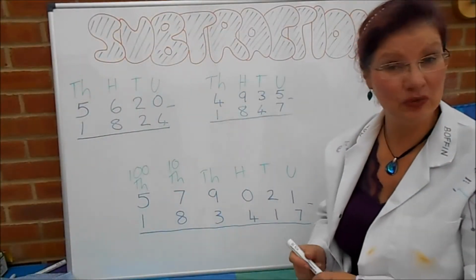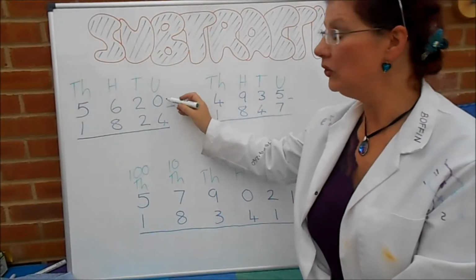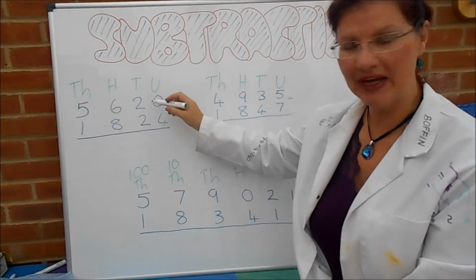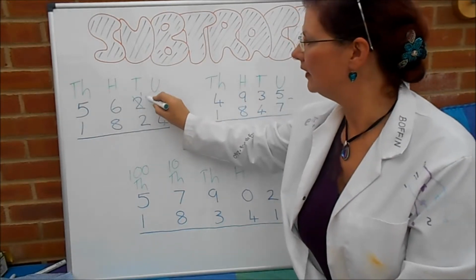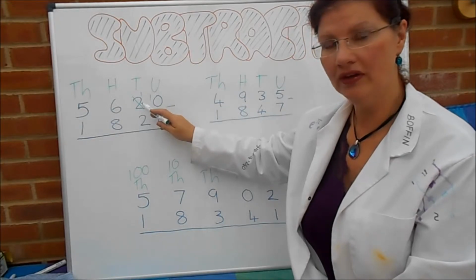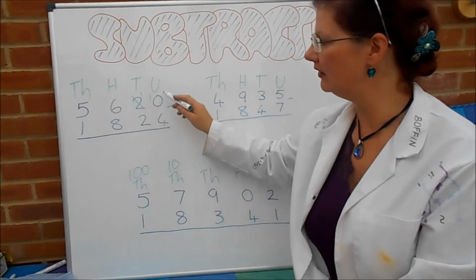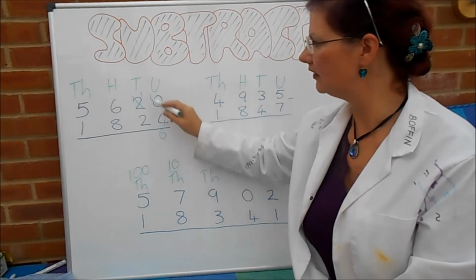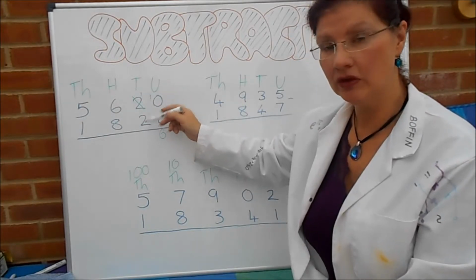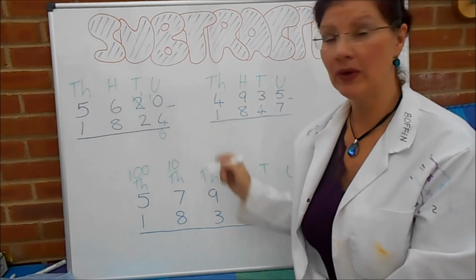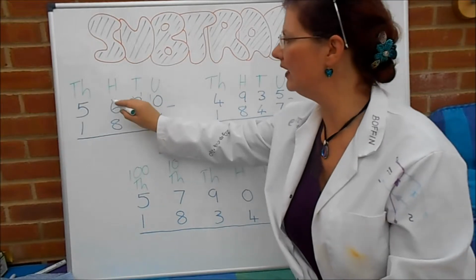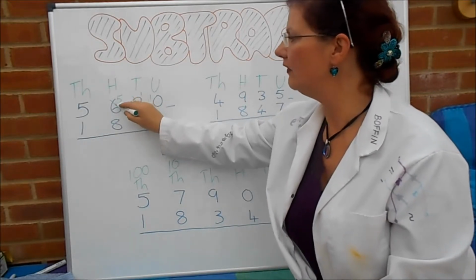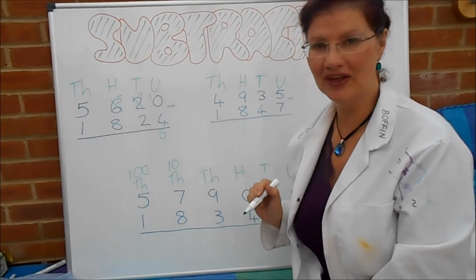Welcome back. Here's what you should have got. 0 take away 4, can't do it, unpack one of these. So now we only have 1 stack of 10 and 10 pizzas. 10 take away 4, 6. 1 take away 2, because remember we only have 1 there now. 1 take away 2, can't do it, unpack one of these. So now there's 5 there and 11 stacks of 10.